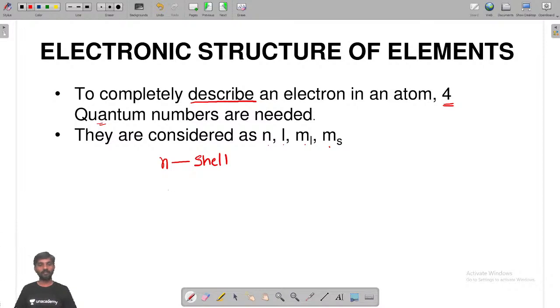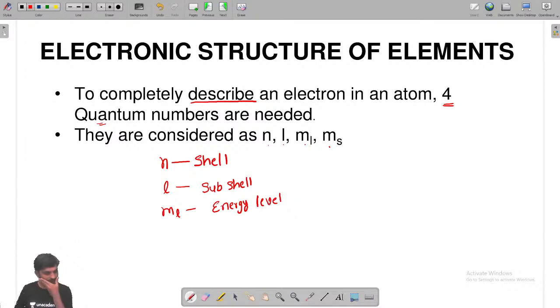And L is nothing but the subshell. ML is the energy level. Don't worry, sir, if you don't understand, I will slowly explain. I'll clearly explain.